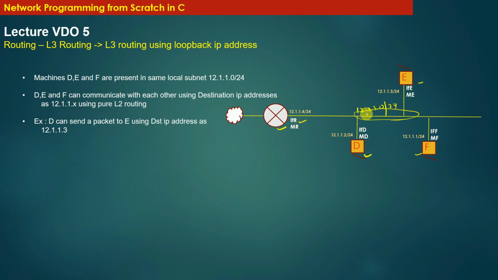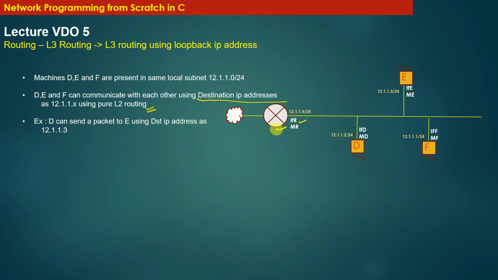Now, machine D, E and F can communicate with each other using destination IP address 12.1.1.x using pure L2 routing only, right? We have already discussed this concept that all the machines which are present in the same local subnet can communicate with each other using L2 routing.